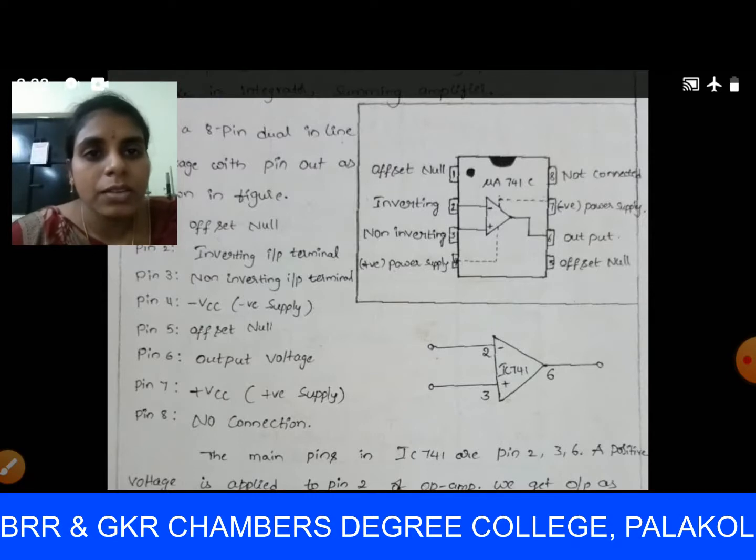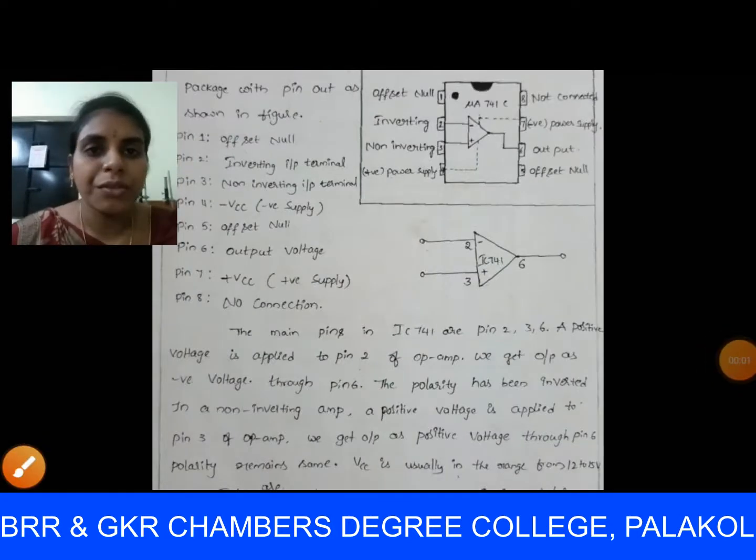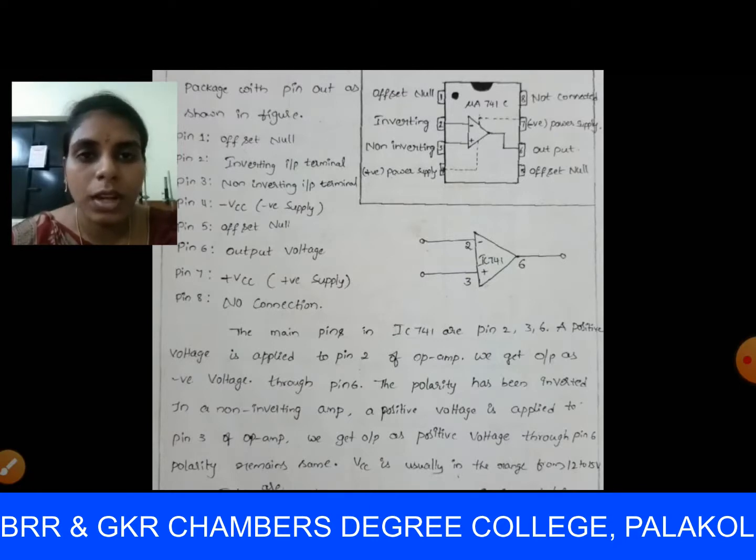What is meant by offset null? We know that if both input terminals are given the same voltage, the output at the output terminal is 0 in an ideal op-amp.